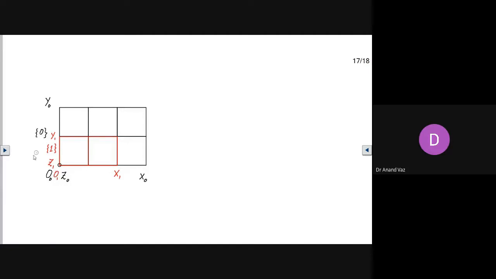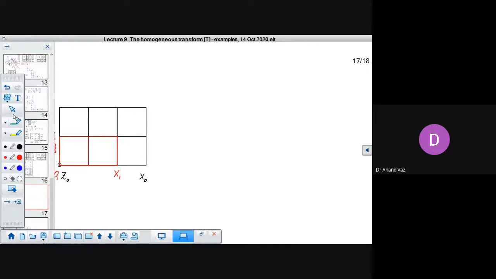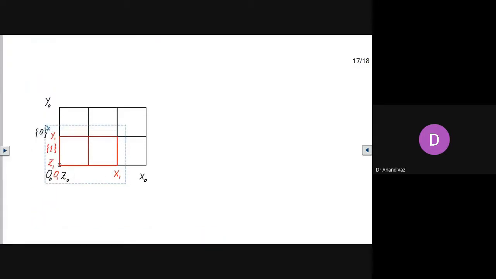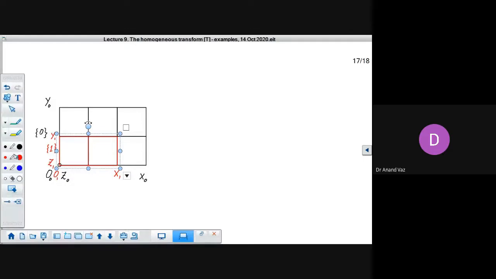Now let us try to rotate this frame. Or rather, let us take a point on this frame. Could take any point.